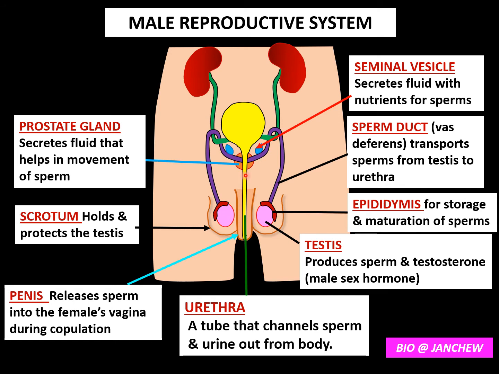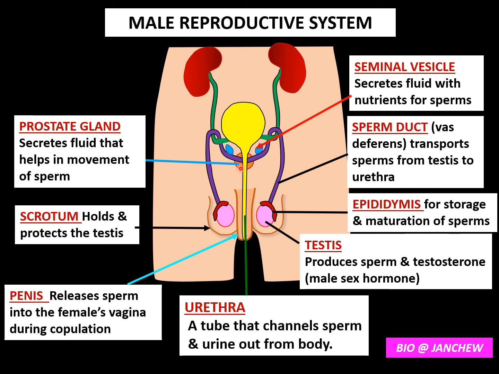So this gland produces mucus to protect the sperms, and the mucus helps to neutralize the acidic urine in the urethra. In that way it protects the sperms from being destroyed or killed.